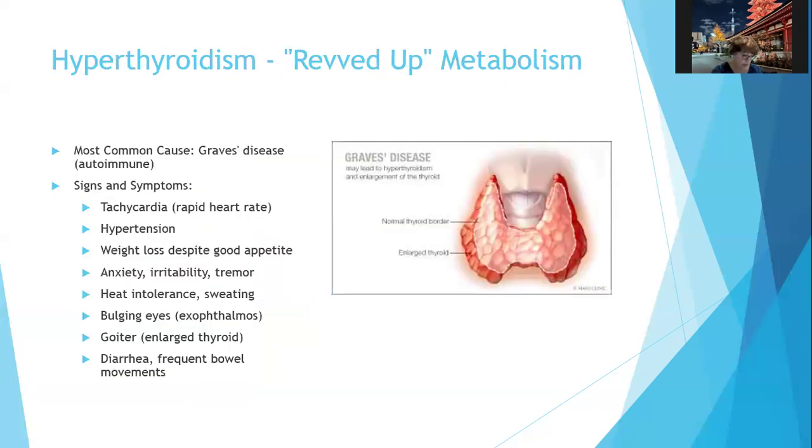So hyperthyroidism is basically, you can kind of think of the thyroid conditions as either you have your metabolism's too fast or it's too slow. So the most common cause of hyperthyroidism, which causes a revved up metabolism or an increased metabolism, is Graves' disease, which is autoimmune, affects the thyroid gland.